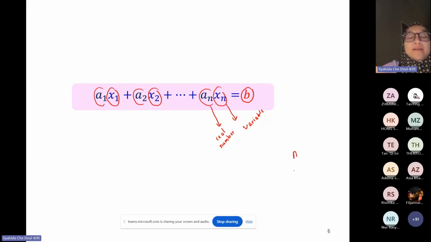We have n numbers of variables. Variables is pemboleh ubah, in two words. Pemboleh ubah must have a space in between. Pemboleh dan ubah. Alright.